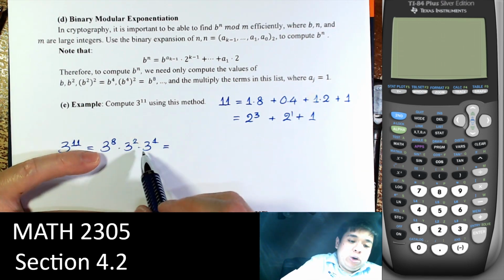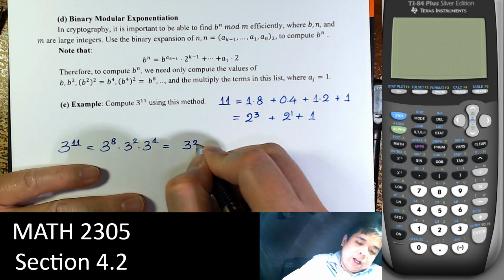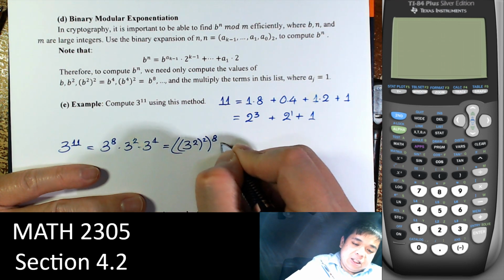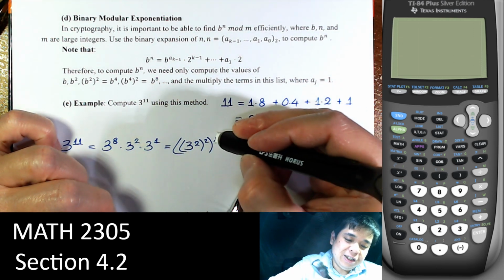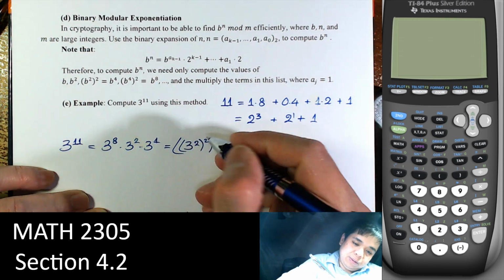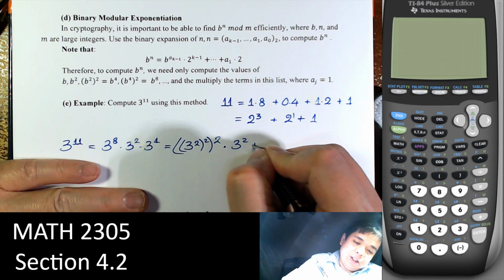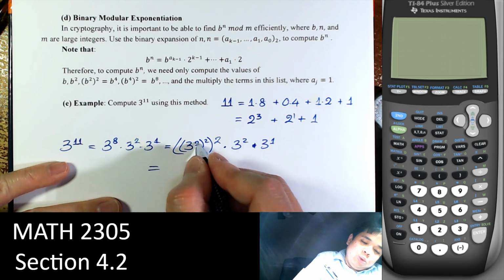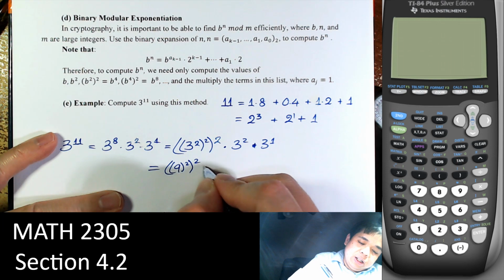Now, we know 3 squared is 9. For 3 to the 8, we square 3 to get 9, square again, and square again, which is 3 to the 8.